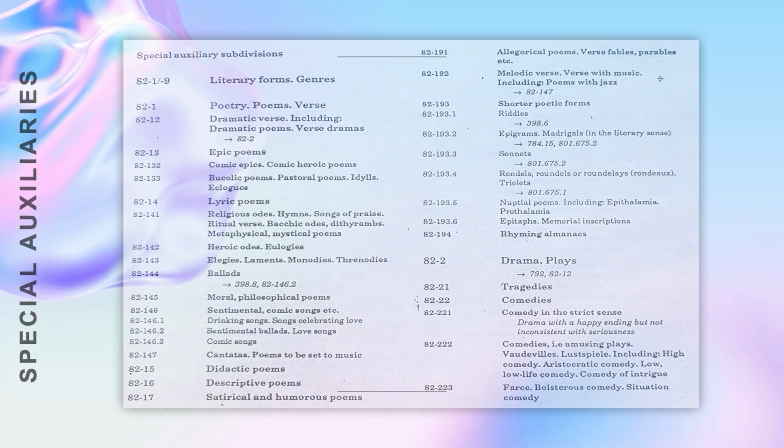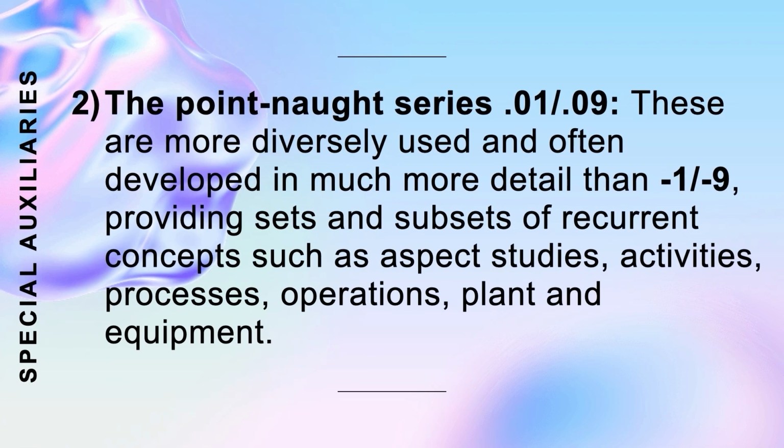Then you see the next special auxiliary series is the point-nought series, that is 0.01 to 0.09. These are more diversely used and often developed in much more detail than the hyphen series, that is -1 to -9, providing sets and subsets of recurrent concepts such as aspect, studies, activities, process, operation, plant, and equipment.